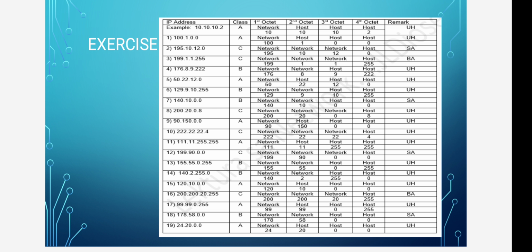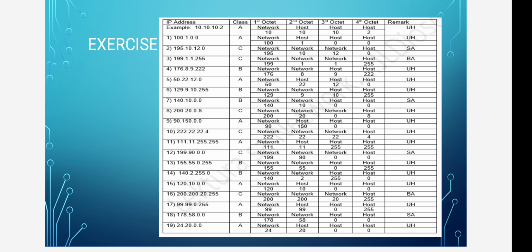As we go by on the problem, exercise number 1, 100.1.0.0. Okay, it is a class A. What's the network part? 100. The host part is 1.0.0.